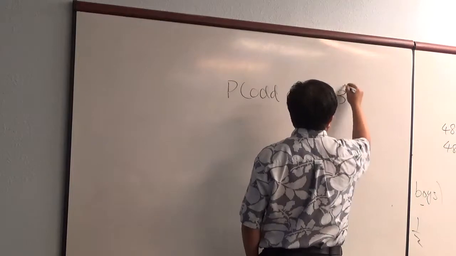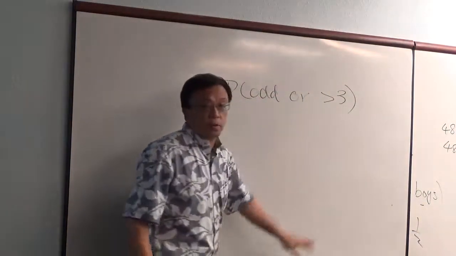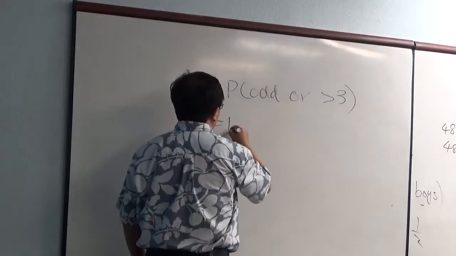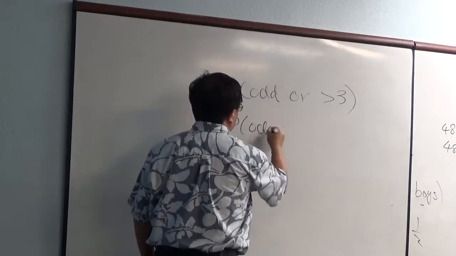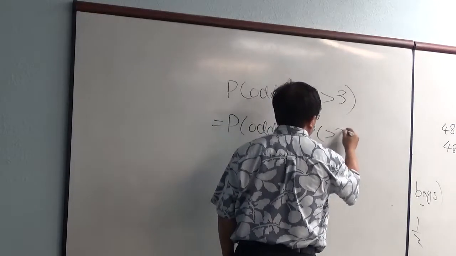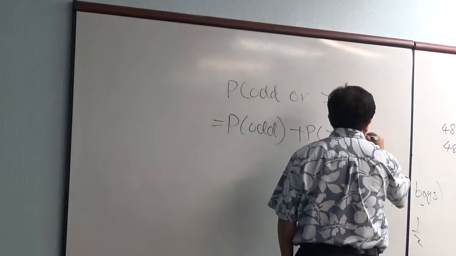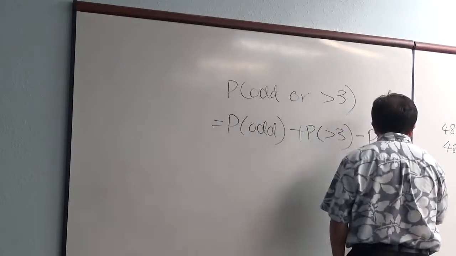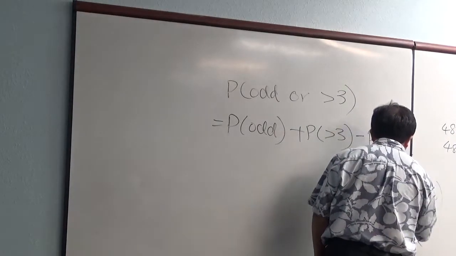The two events are not mutually exclusive, so it should be equal to what? The probability of getting an odd number if you roll a die, plus the probability of getting a number greater than 3, and minus the probability of odd number and greater than 3.